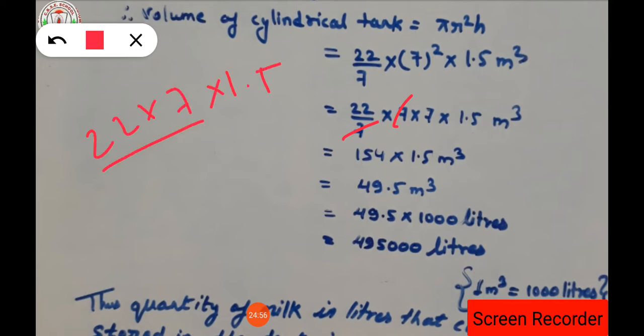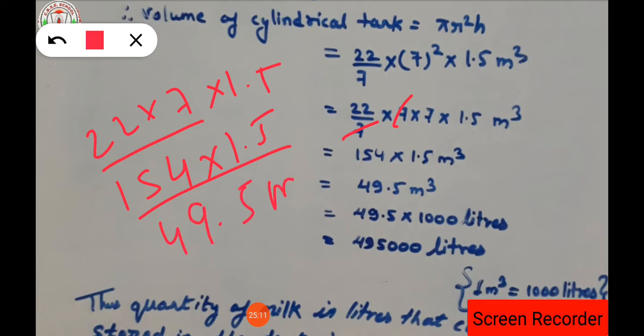Now multiplying 22 into 7, that will be 154 into 1.5. Multiplying 154 into 1.5, the required answer will be 49.5 meter cube.